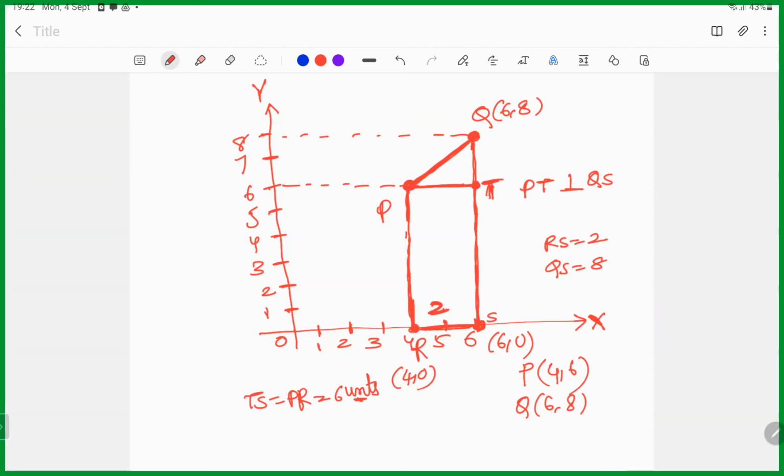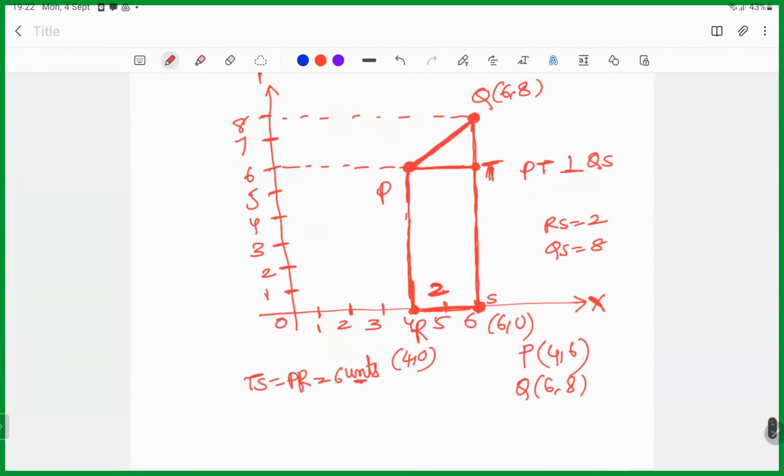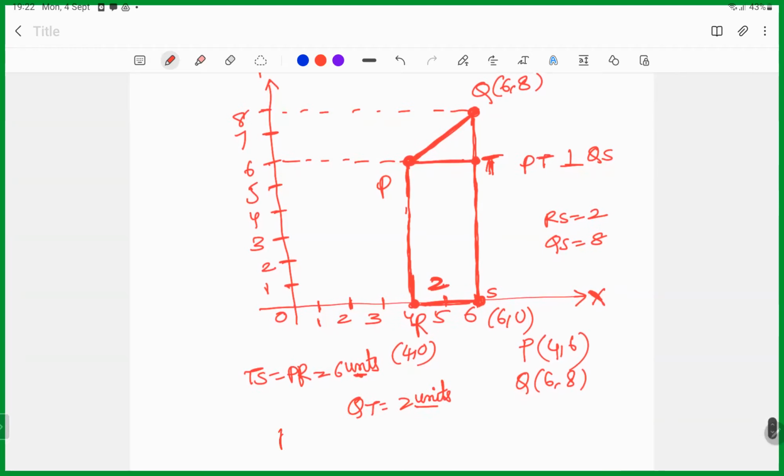What about QT? QT equals 2 units. And PT equals RS, right? Equal to 2 units. Now, did we get all the points? So, let's consider triangle PQT. How can the Pythagoras theorem be applied?